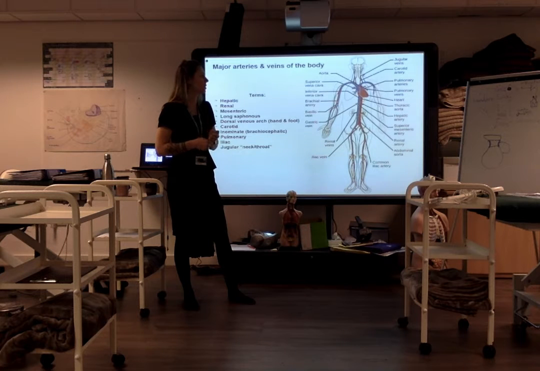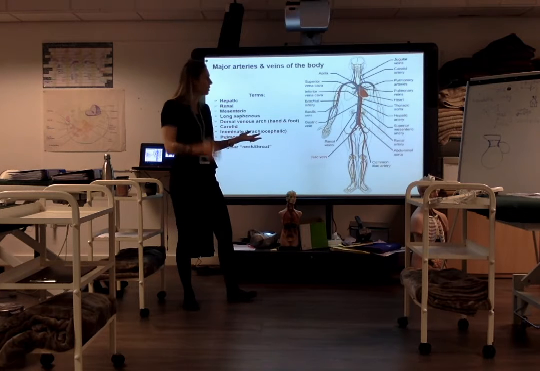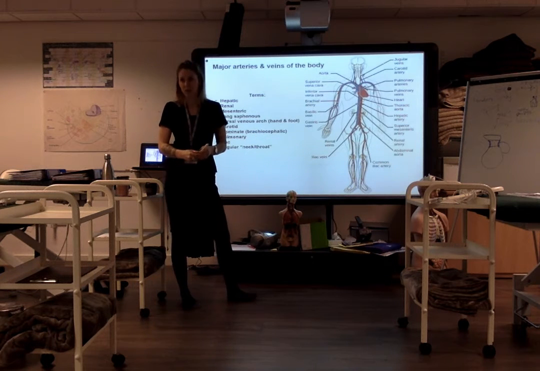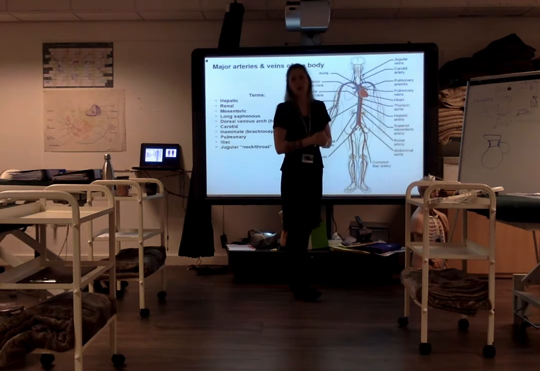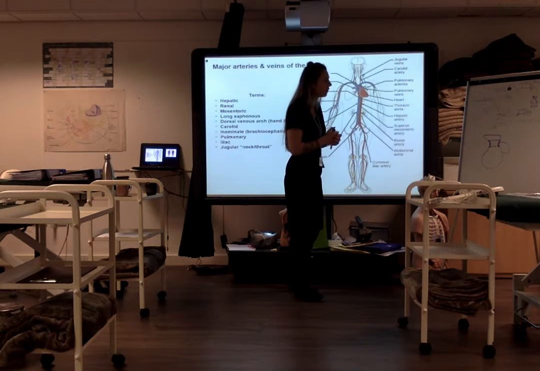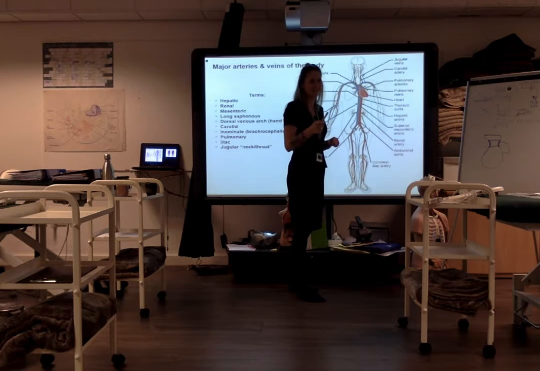Pulmonary arteries, where are they going to? What's an artery? It's going away from the heart. It can never go to the heart if it's an artery. Away from the heart. Where does the pulmonary vein go, Maxine?